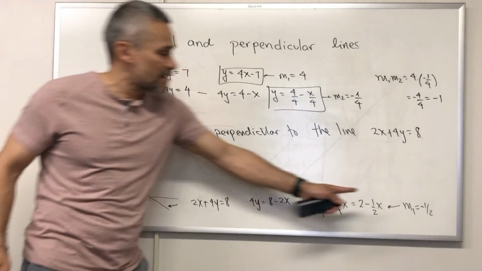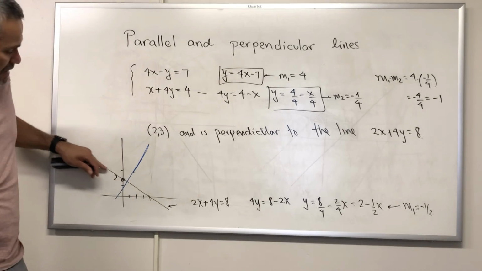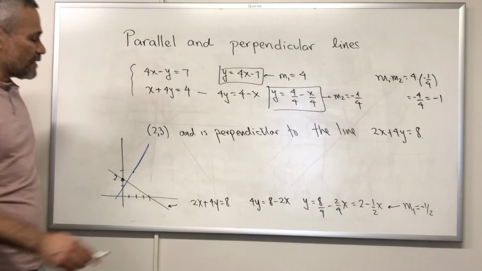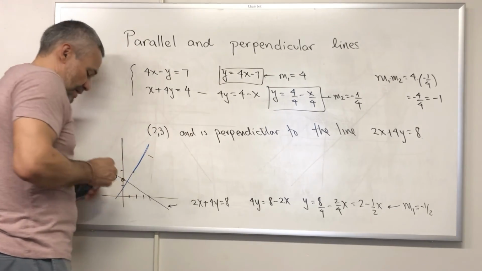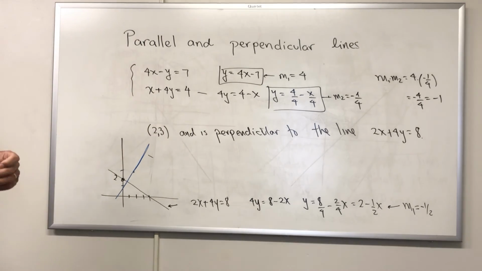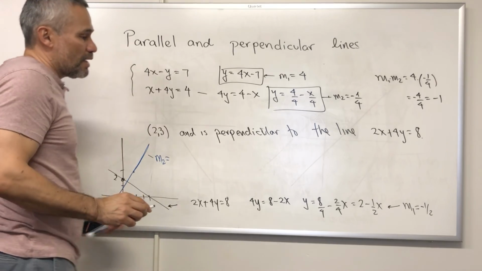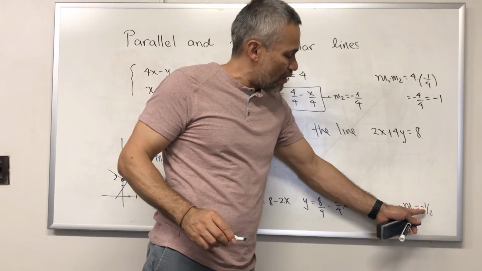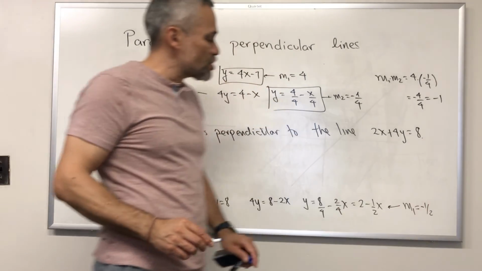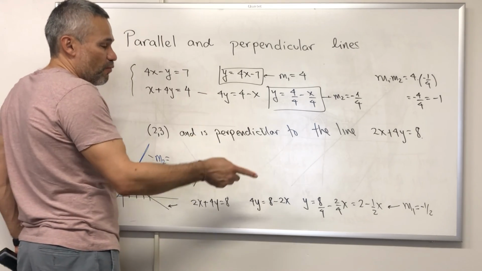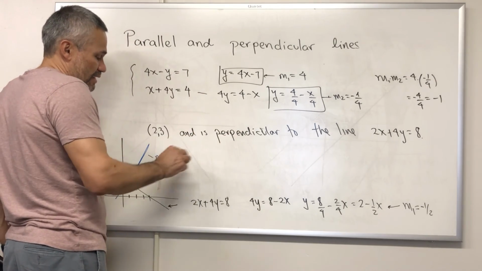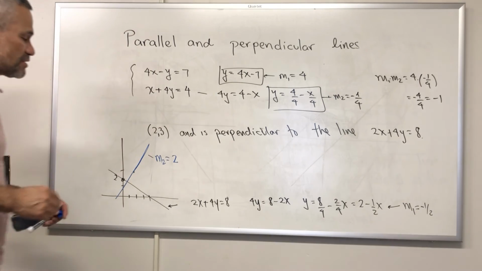Notice that it makes sense that the slope is negative because this line is decreasing. Then the slope of this line, let me do it with blue, is m2 equal the reciprocal of this number, and we also need to change the sign. The reciprocal of 1/2 is 2, and it's negative, then the slope of this line is 2.